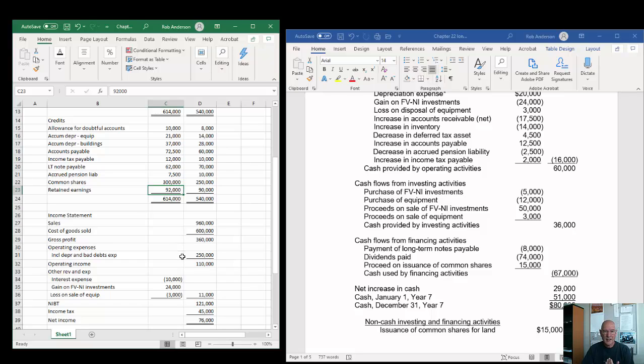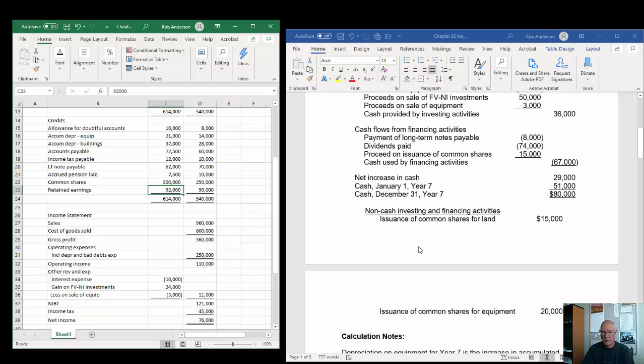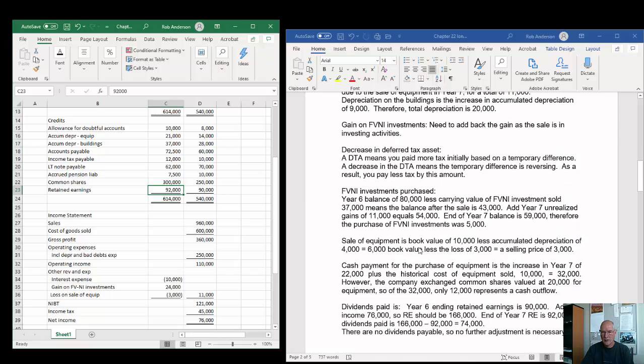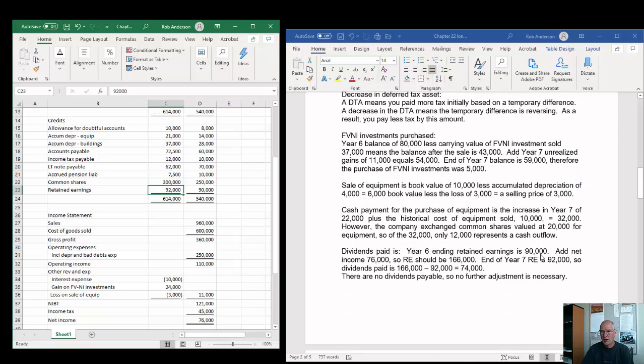However, for us, we don't have 166, we have 92. And I've put this in a note. Let's just look here, dividends paid. We take our 90, add our net income, we should have 166. However, we only have 92. The difference is 74,000, and that's how much we paid.